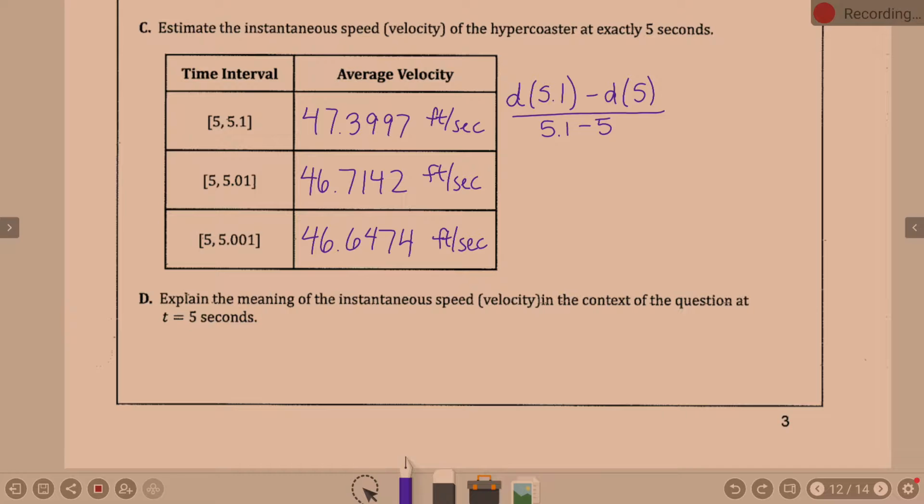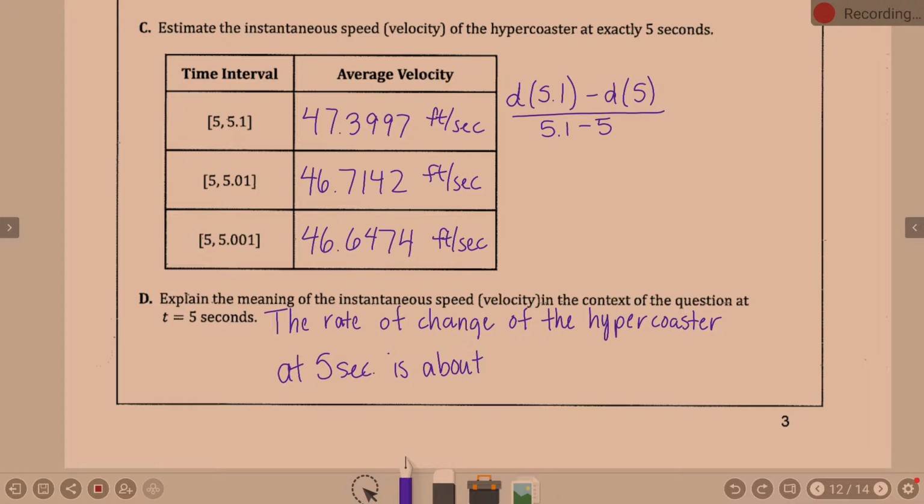And so the rate of change of the hypercoaster at 5 seconds is about, and we don't have it exactly, but we can keep going farther.